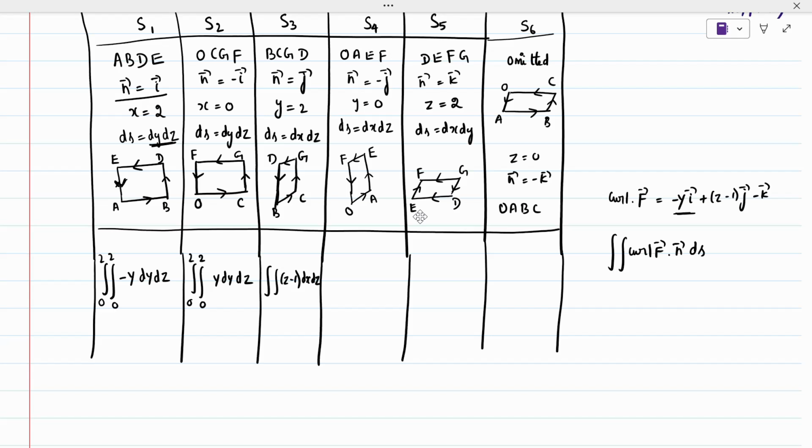Same way, when you take j vector into minus j vector, it is the double integral over minus of z minus 1 into dx dz. My answer into k vector: k vector into k vector is 1, so minus dx dy. This I need not write at all. It is empty. So every limit is with respect to 0 to 2.